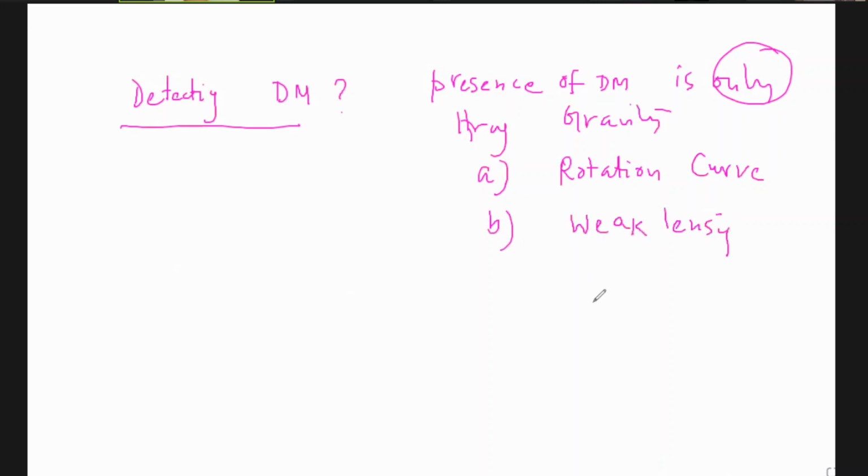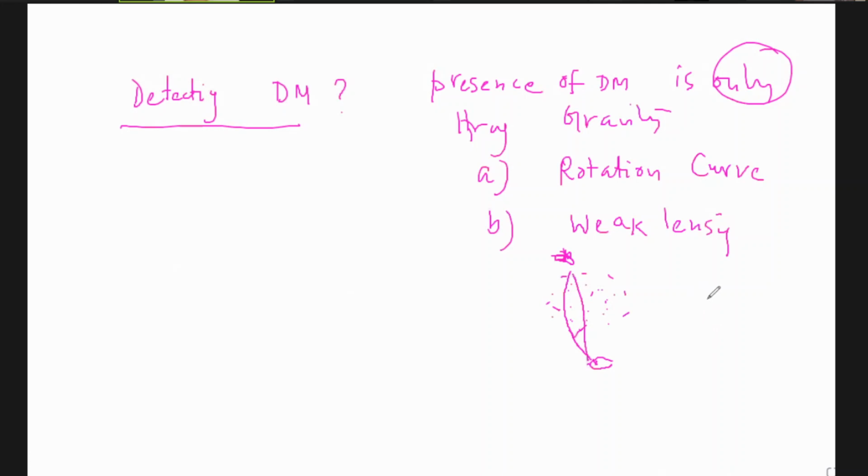Weak lensing is what? Suppose you have a cluster of dark matter, as we have seen today from the Millennium simulation, and there is a galaxy behind it, and you are observing here with your telescope. Because in between there is a cluster of dark matter, the light will bend and may come in a different distorted way to us.